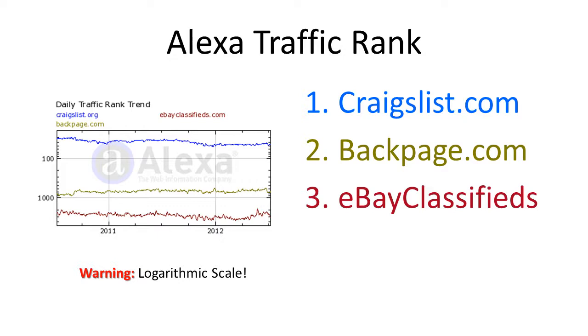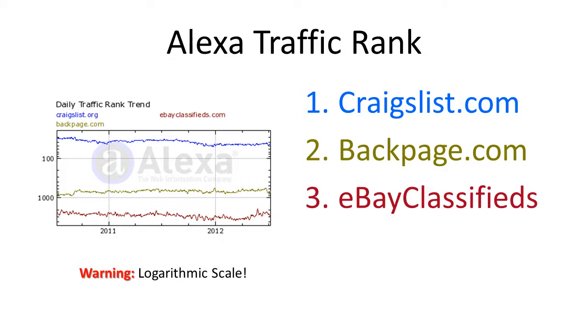So if you look at the graphic on the left-hand side of this slide, and for those of you listening to the audio, I will just tell you that Craigslist is by far the top in traffic by daily traffic rank from Alexa. Alexa is a service that provides traffic information for websites, and Alexa says that Craigslist is way above Backpage and eBay Classifieds.